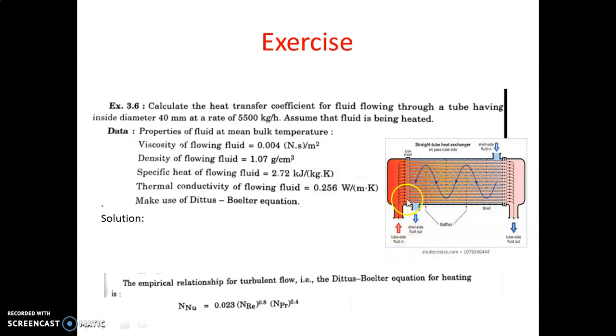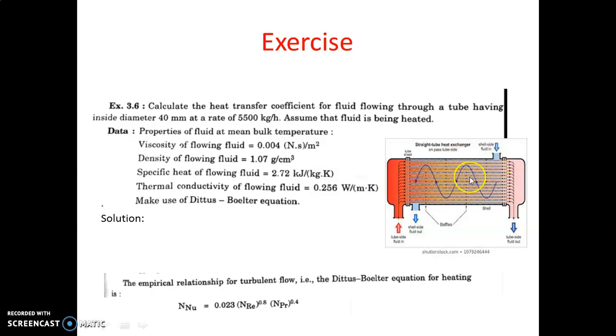So in these tubes, the tube side fluid is passing, and then another fluid is known as the shell side fluid. This is passing through this side, and it is the outside of the tube.